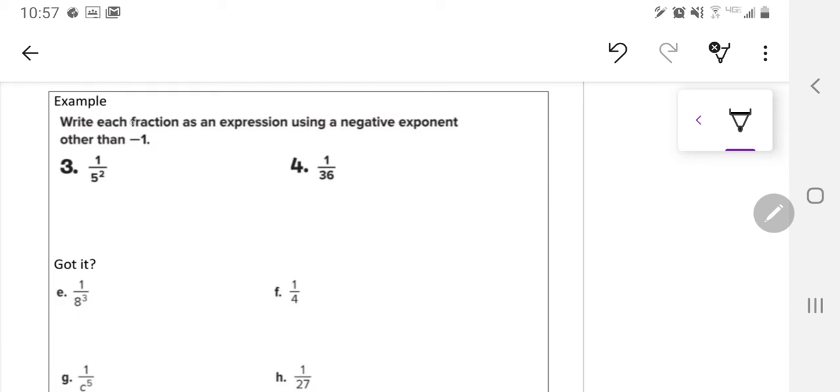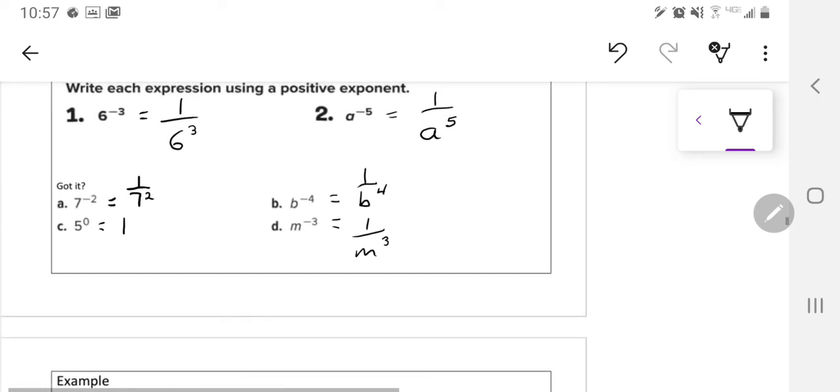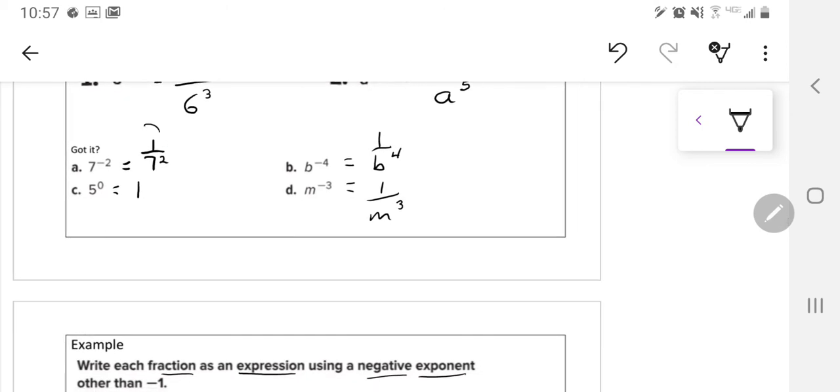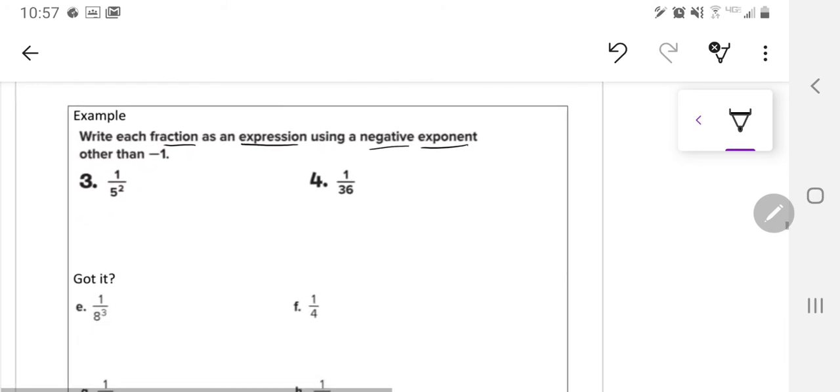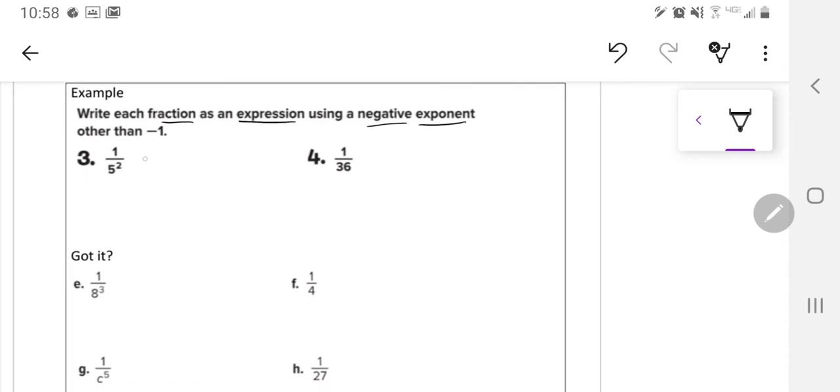It says write each fraction as an expression using negative exponents. So we're just going in reverse. We saw how we ended with 1 over 7 squared. Now we're going the other way. So how can I write this with a negative exponent?